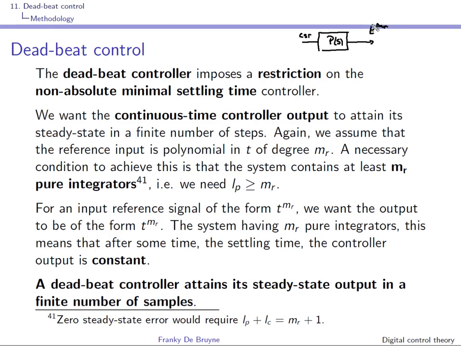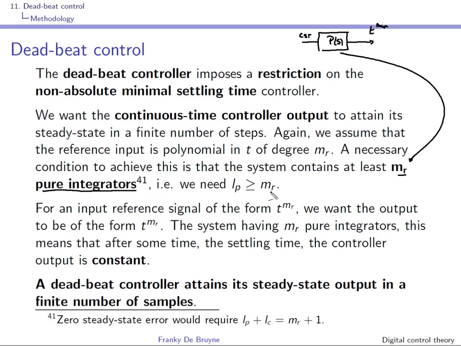Remember that usually mR is equal to 0, a step signal, or mR is equal to 1, a ramp signal. But you can see here that if you want to produce that type of signal with a constant at the input, then you need at least mR pure integrators in the process.